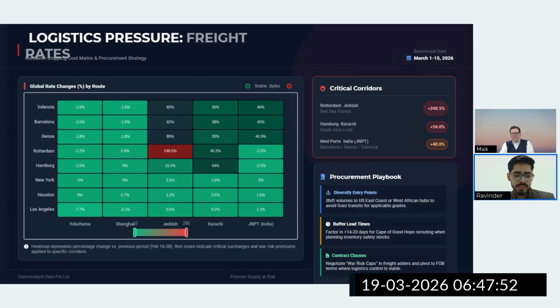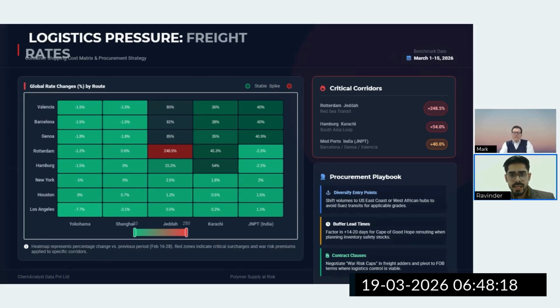Prices have skyrocketed already. If the cargoes are coming from Europe, however, via USA, you will see here freight rates have not seen much of a change. This is the New York, Houston, Los Angeles, and to Jeddah.